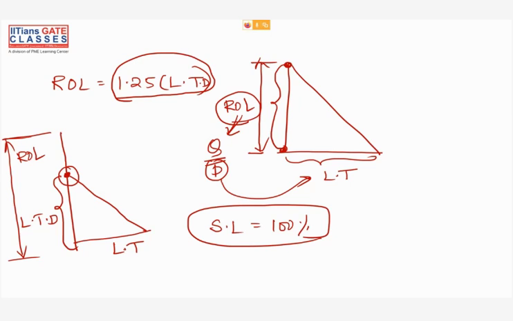Okay. So what I'm saying here is your lead time demand is the demand quantity that should be served during lead time. ROL also is the term used to mention this lead time demand, but your ROL is 1.25 times more than the lead time demand.